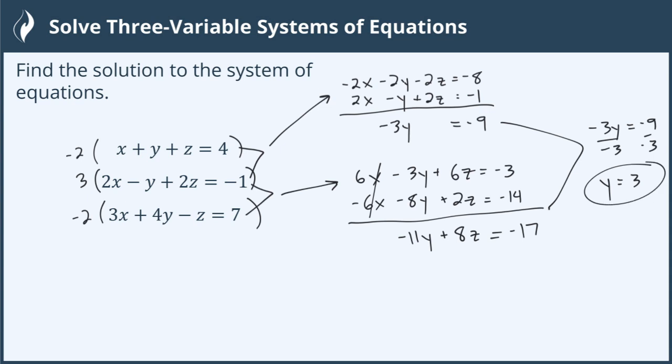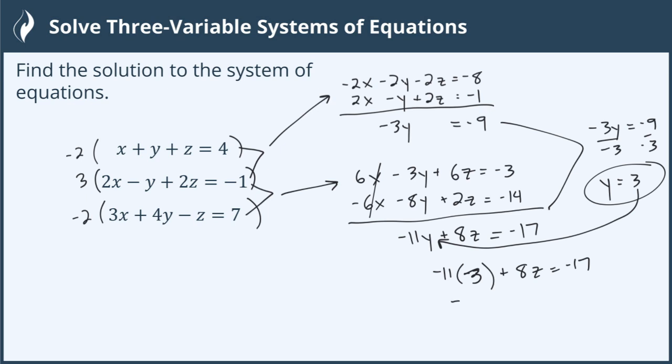Now I can take that 3 and plug it in right here for y. So I get -11 times 3 plus 8z is equal to -17. And then I continue through solving. Remember, I'm solving for z.